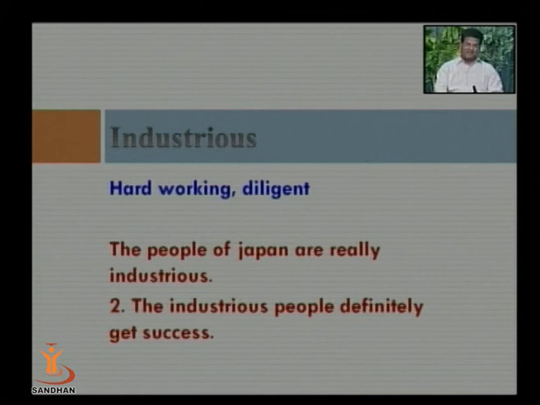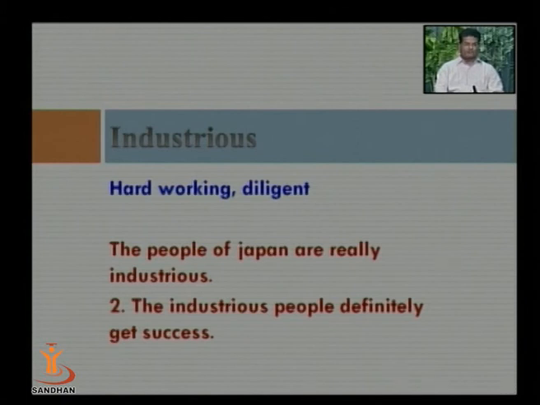The people of Japan are really industrious. Japanese are known for their industrious efforts. They are very hard-working people. Once after the Second World War, people know that Japan was almost destroyed. The economy of Japan was almost at the verge of destruction. It was diminished, crushed.